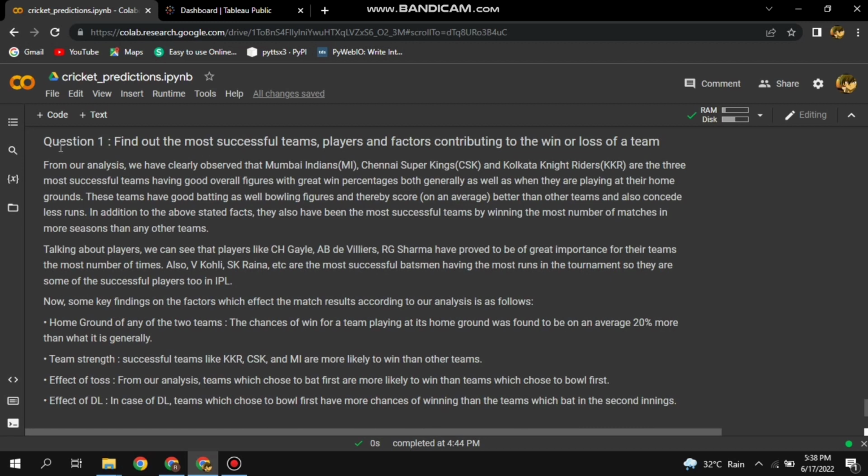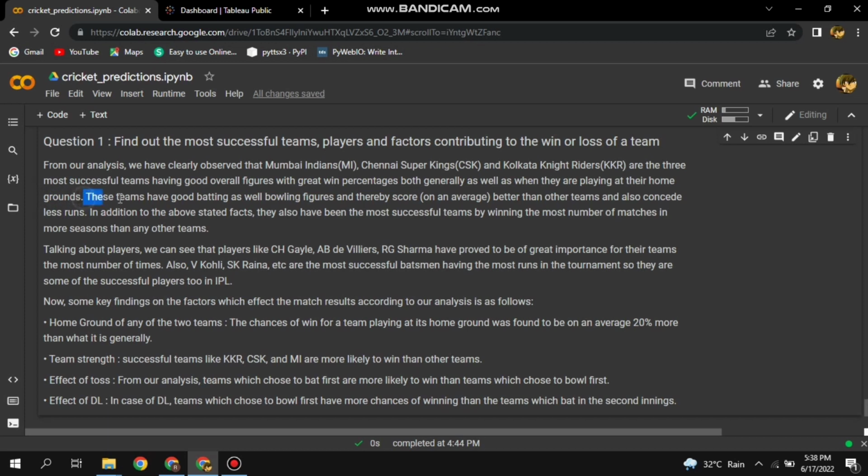And now comes the question which was asked, which we had to answer: find out the most successful teams, players and factors contributing to win or loss. From our analysis, we have clearly observed that Mumbai Indians, Chennai Super Kings and KKR are the 3 most successful teams, having good overall figures with great win percentages, both generally as well as when they are playing at their home ground.